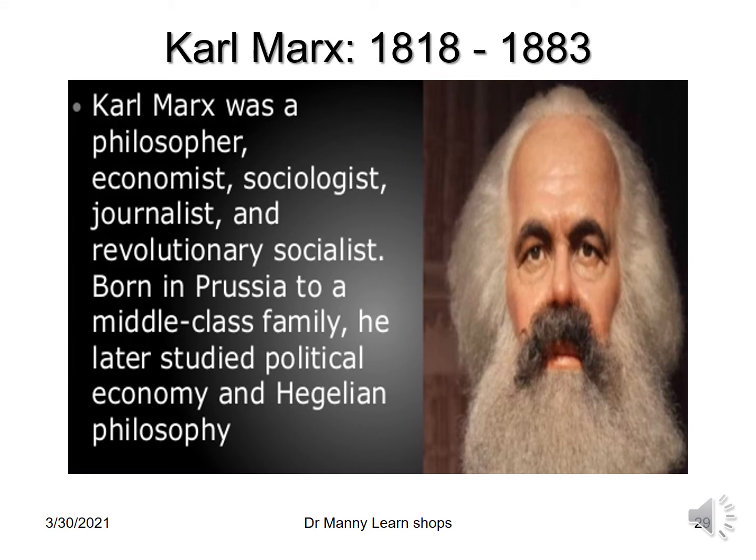Karl Marx, 1818 to 1883, a philosopher, I already said, an economist, sociologist, journalist, and a revolutionary. He was born in Prussia to a middle-class family, and he later studied economy and other forms of philosophies.